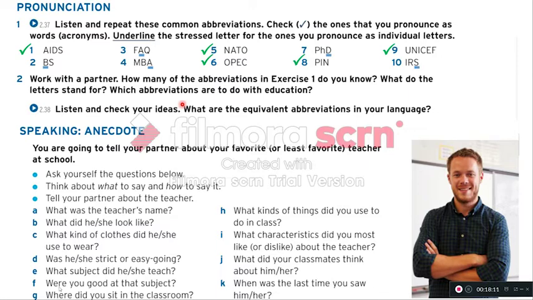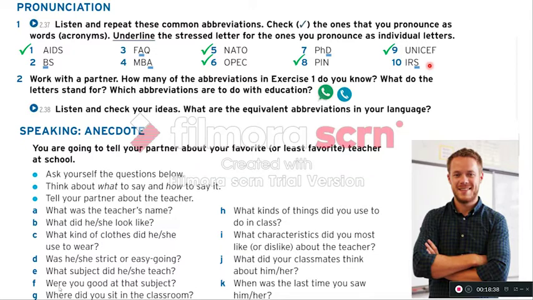Very good. Now, you're gonna work with your classmates and you're gonna see how many of these abbreviations you know. Do you know what the letters stand for? Because maybe you know that, for example, PhD, you know what this is, but you don't know what the letters stand for. Or UNICEF, that is a global organization that we all know, but maybe you don't know what the letters stand for.